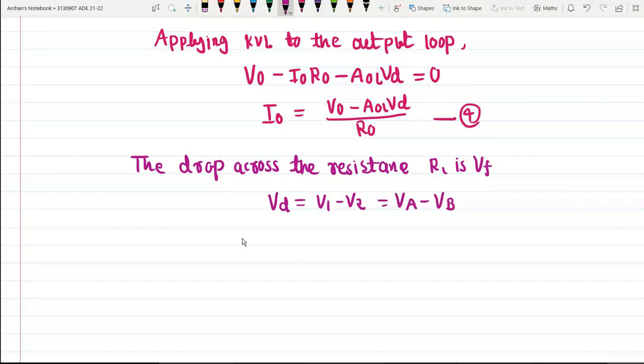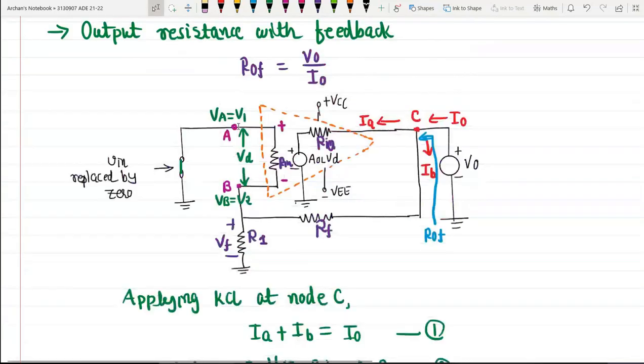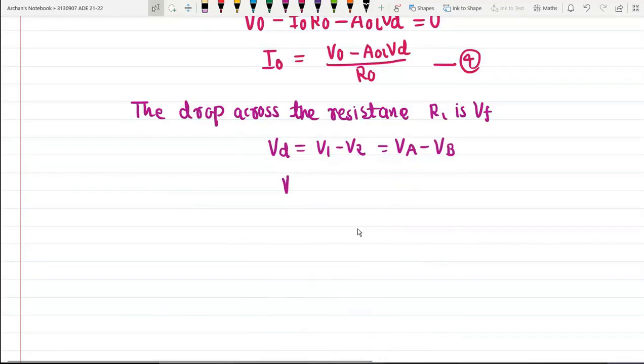right? Now what is Va? Va is replaced by short circuit. So the Va terminal will be at zero potential and the Vb terminal is at Vf potential. Just put these values. We will get Vd is equal to 0 minus Vf, that is minus Vf.